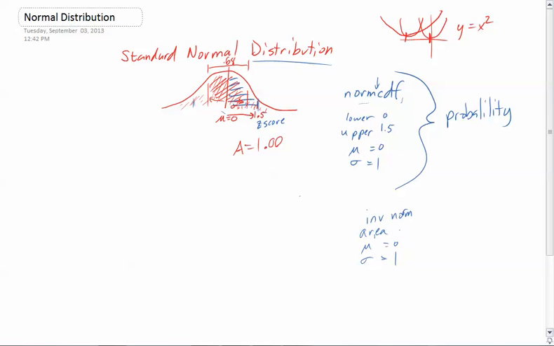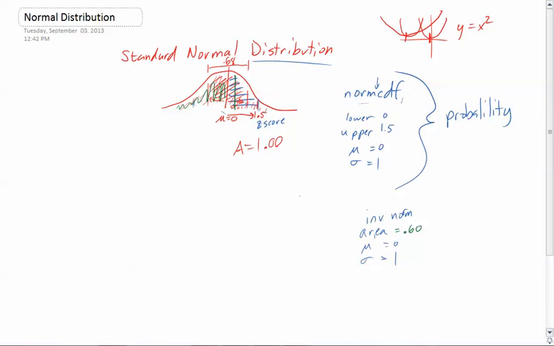And I'll put in whatever my area is, and it will be from that value down. The inverse norm just gives me the value with a given amount of the curve beneath it, right? So if I put in, for example, 0.60, then it would give me 60% of the area starting at the bottom. So it would be all of this, because that's 50%, plus a little bit more to get up to 60%.